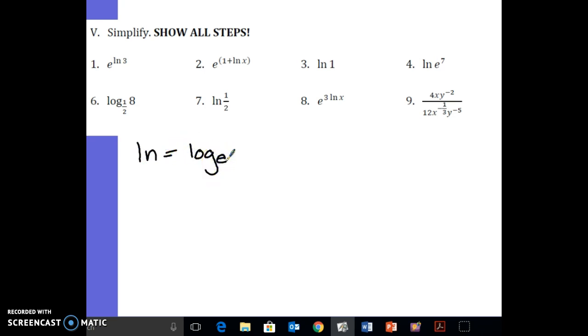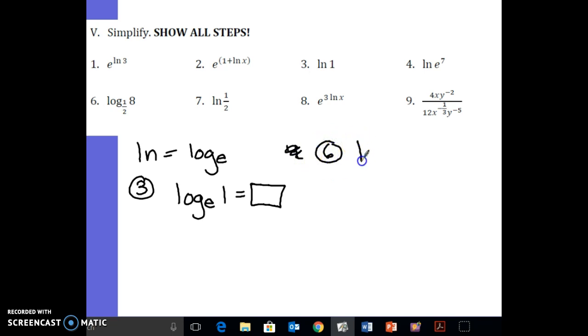And that's going to come in handy when you go to do something like number 3. Right? Because number 3 is saying I have a log with base e of 1. And I want to know what the answer is. So e to the what gives you 1? That's that blah to the blah equals blah stuff. And that idea will also be helpful with number 6 or number 5.